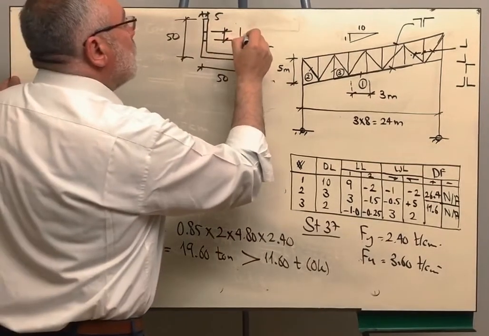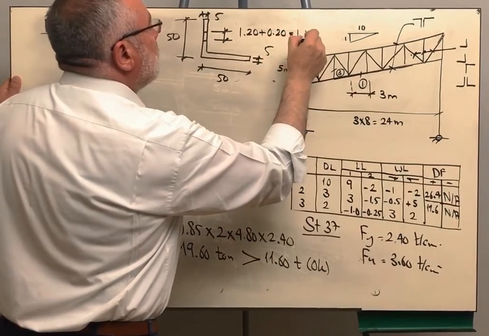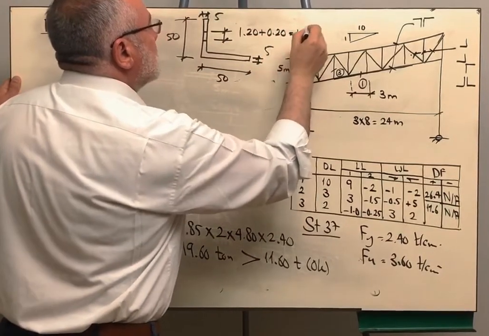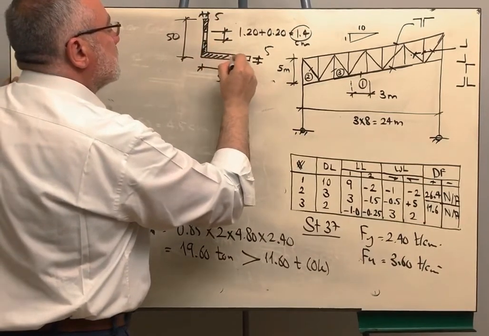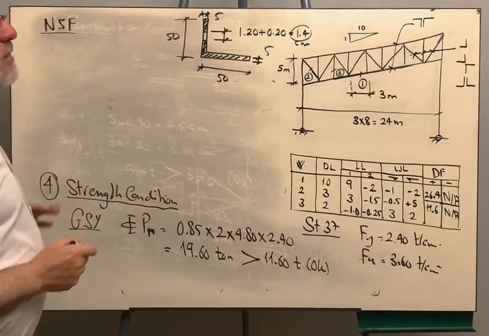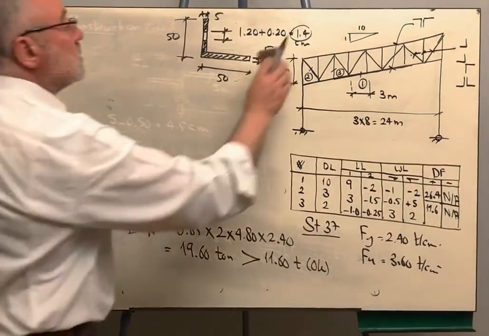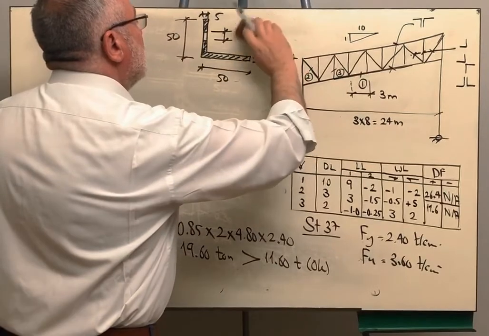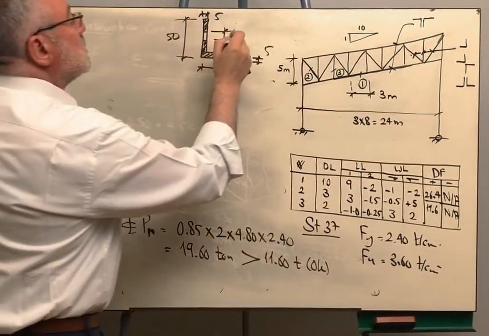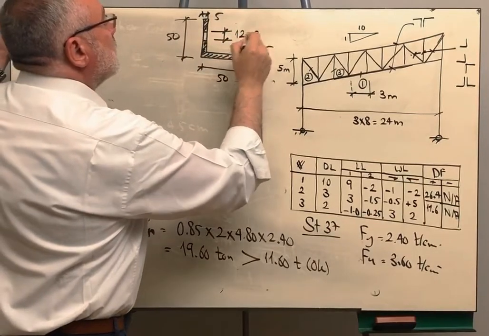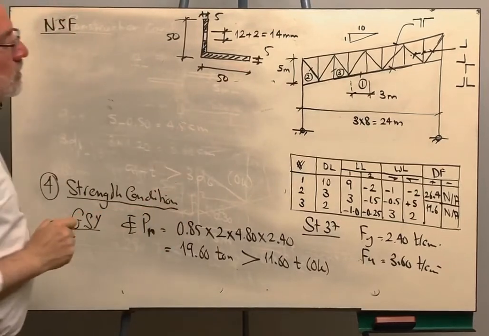We are having 1.2 plus 0.2, which is 1.4 centimeter. Okay, we need to calculate the net area. Let me write all of this in millimeter better so that you are not confused. This is 12 plus 2, 14 millimeter.